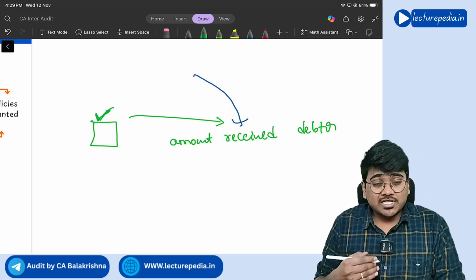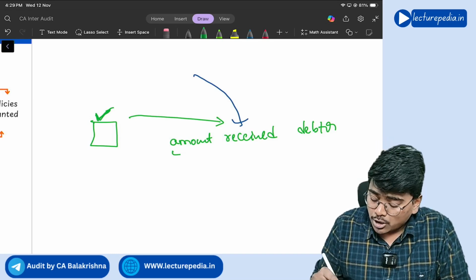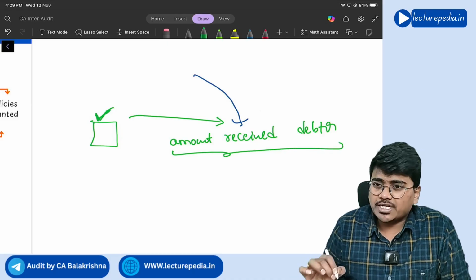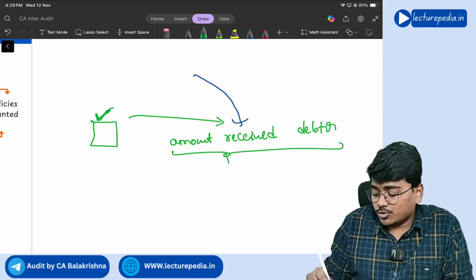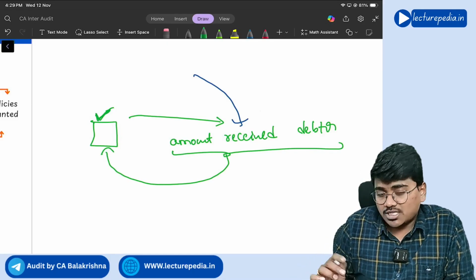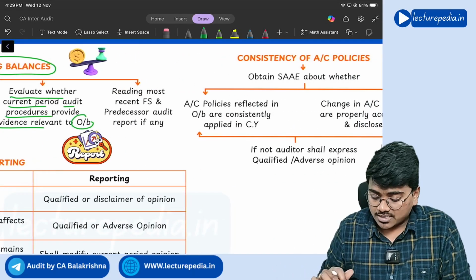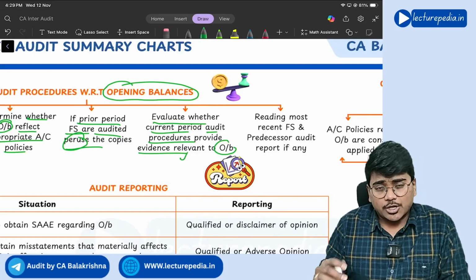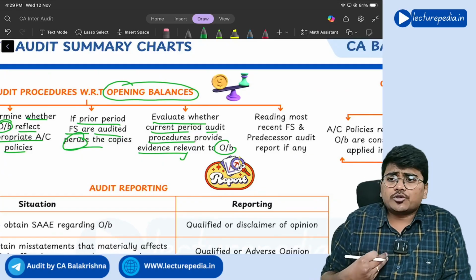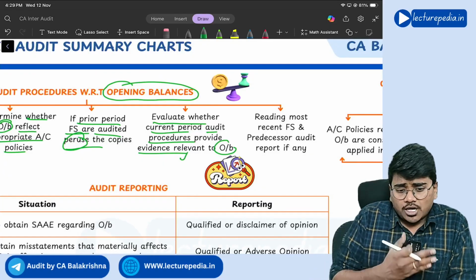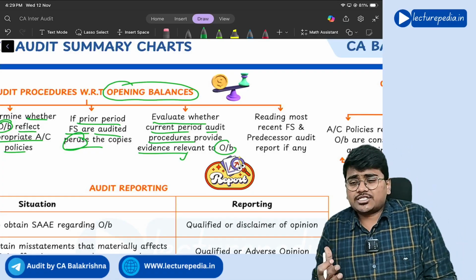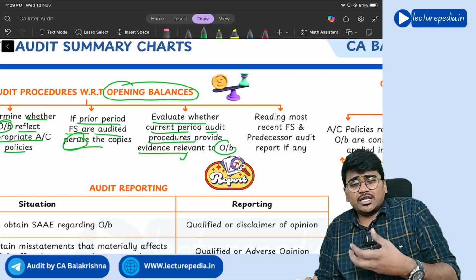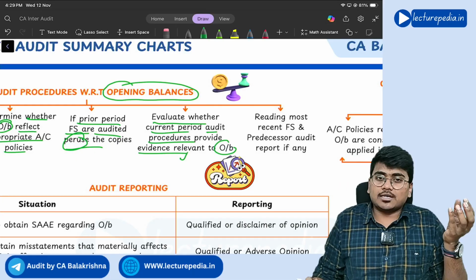So in some situations, performing audit procedures on current period transactions will give you audit evidence about the opening balances. Understanding? So you also have to see whether the audit procedures I perform on current period transactions provide me any evidence about the opening balance.